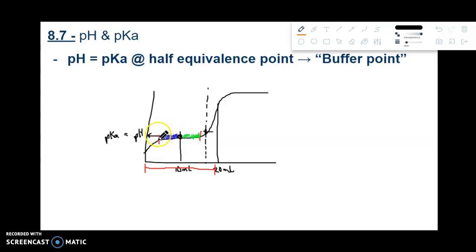If the pH is less than the half equivalence point, we're going to have more acid present. If the pH is greater than, we're going to have more of the base present. If the pH is equal right at the half equivalence point, then pH is equal to pKa.